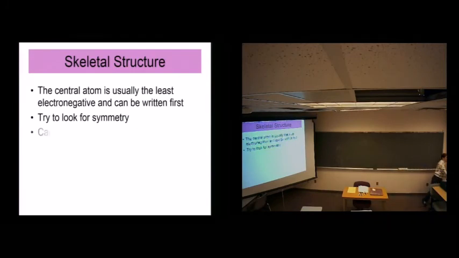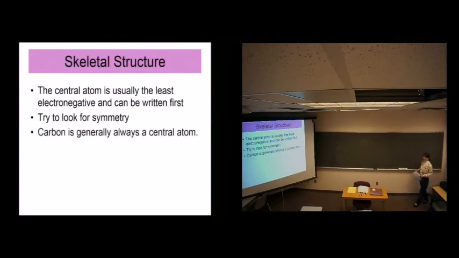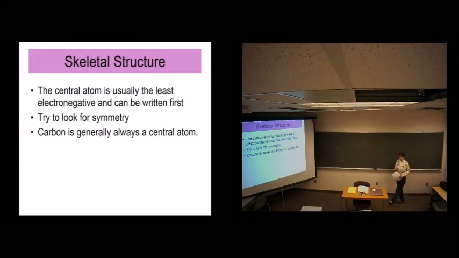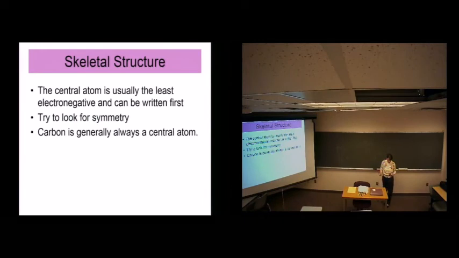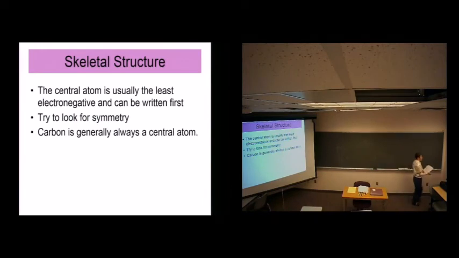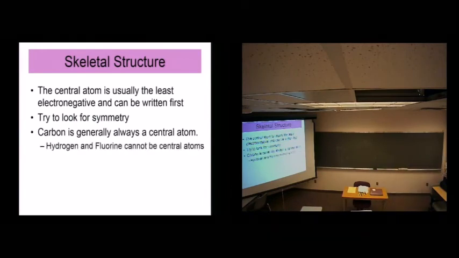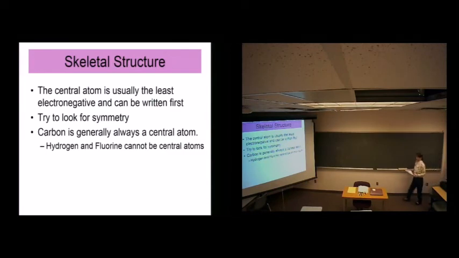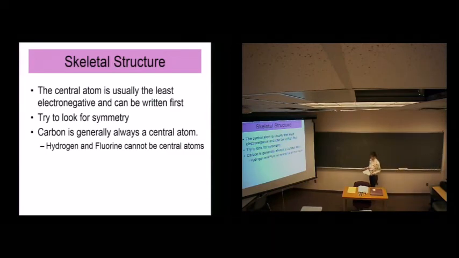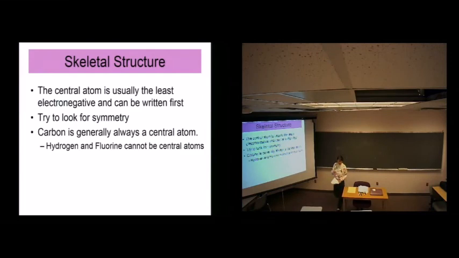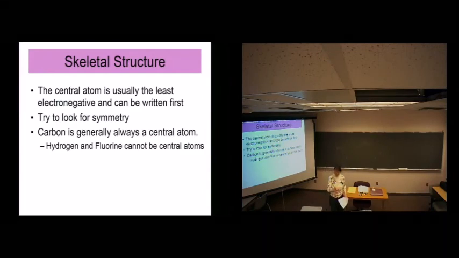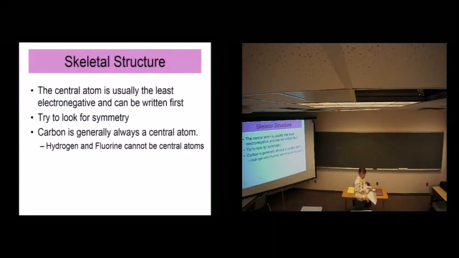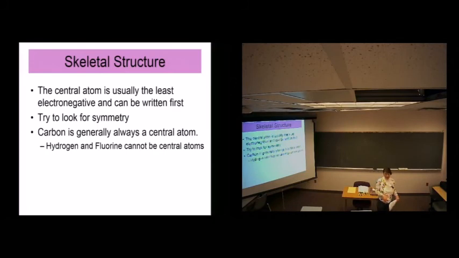And then another one: carbon is generally always the central atom, which we saw a minute ago. So whenever we see carbon, carbon likes to be the central atom. Hydrogen and fluorine, not so much. Remember, how many electrons does hydrogen want? 2. That's 1 bond, right? Well, can it ever be the central atom with multiple bonds around hydrogen? No, it can never happen.